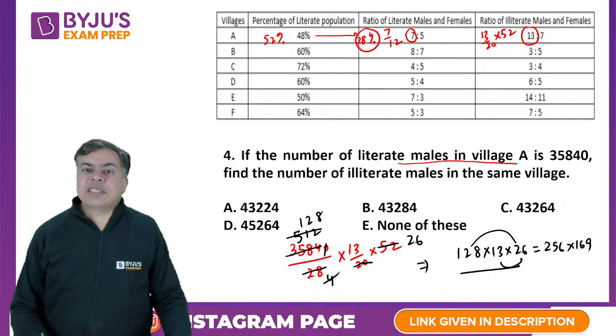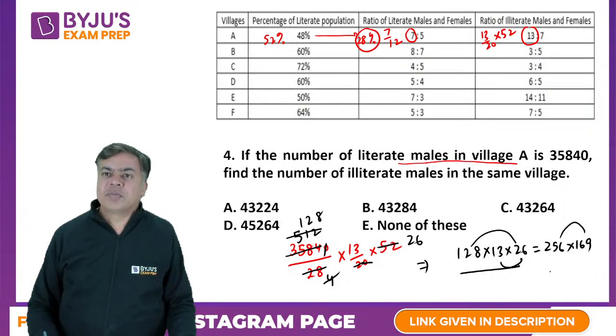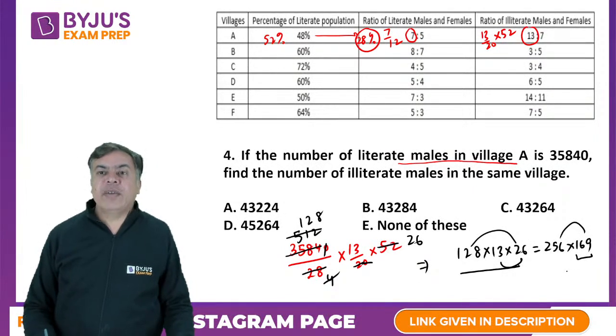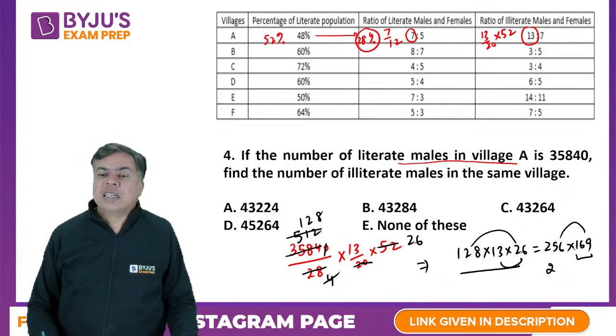Right? And now you just see what should be the answer. The last digit should be 4. Okay, great. If I take this number as 170, then it will be 17 into 6, 102, 17 into 5, 85 and 10, 95, 17 into 2, 34 and 9, 43.